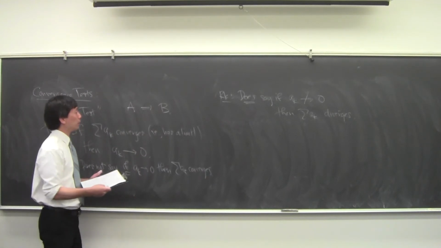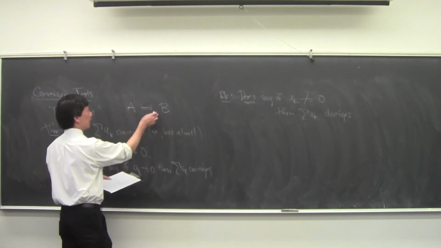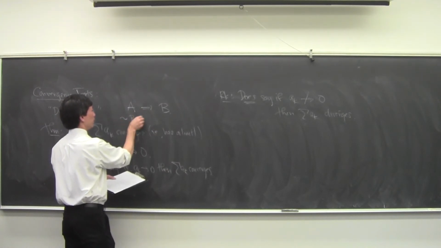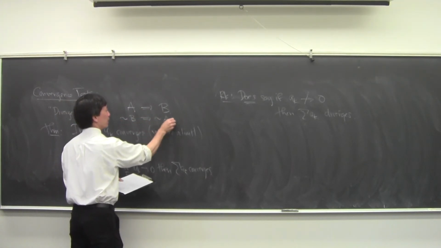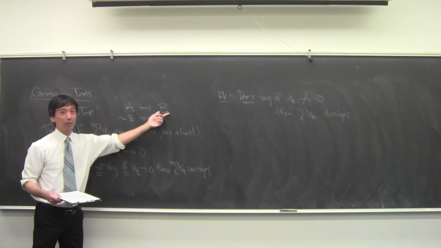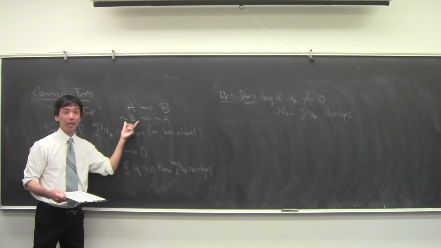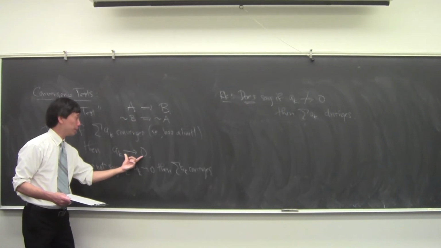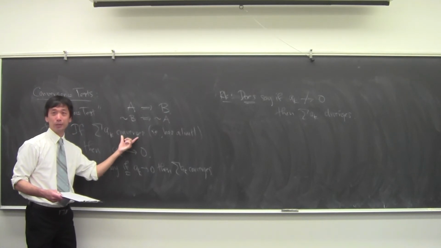Those of you who know logic know that any statement like this is equivalent to what's called the contrapositive statement: that the negation of B implies the negation of A. In other words, if these guys don't go to 0, then this thing diverges.